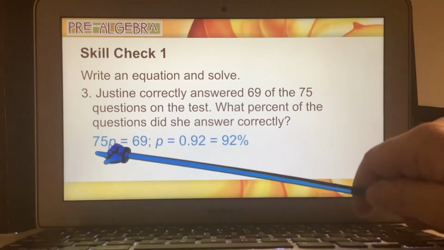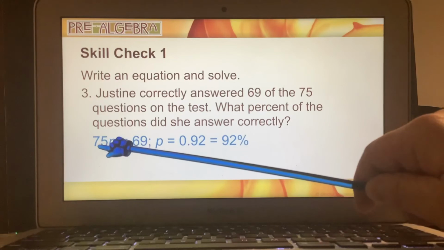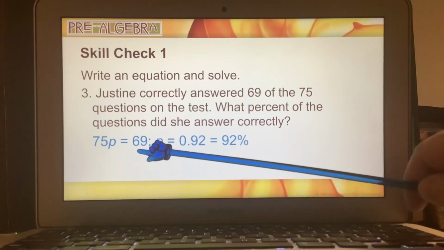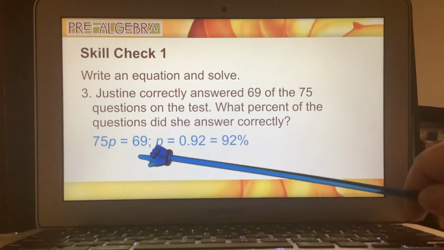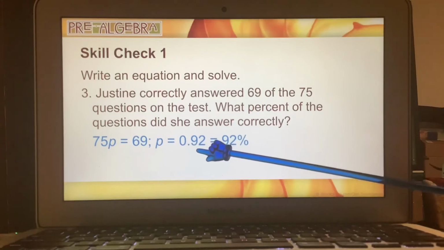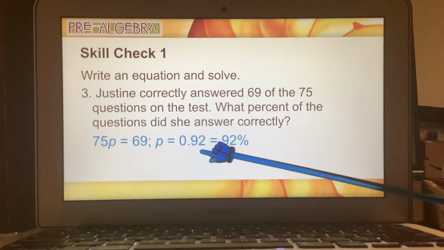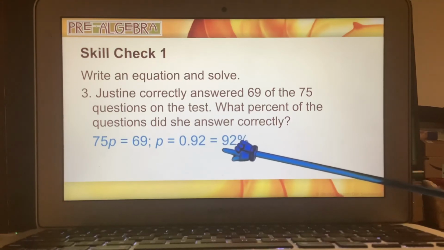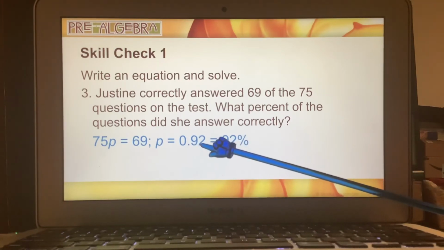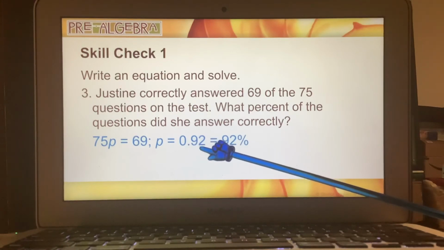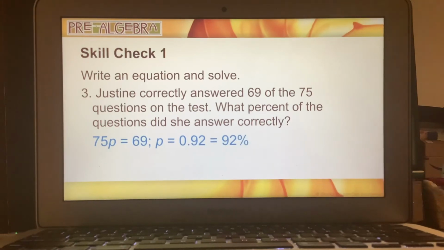To solve for P, you have to divide by 75. So 69 divided by 75 gives us 0.92. Then you convert that into a percent. You move your decimal over 2 places, and we end up with 92%.